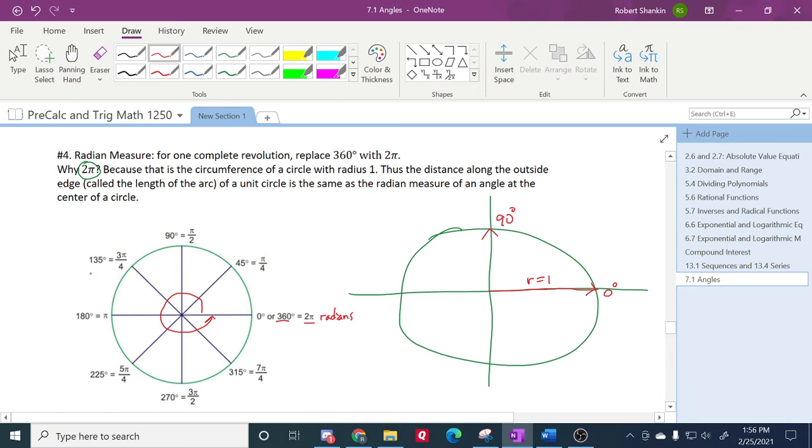All right. So what we're going to do is, we're going to be working with radians so much, we want to get these things memorized and get really familiar with the unit circle with all these different fractions of pi.